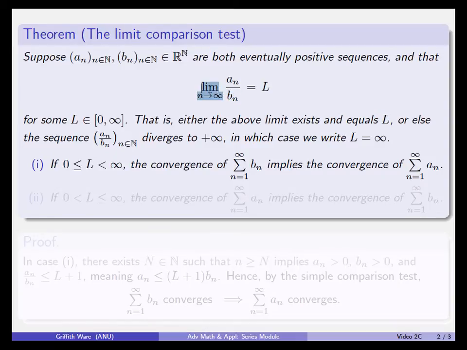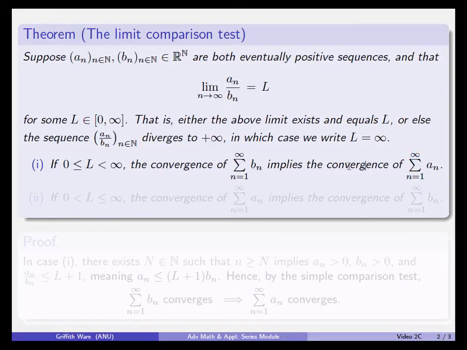That's really what this limit L being less than infinity means. It means that this sequence of terms is going to 0 at least as fast as this sequence of terms Bn. And so conceptually it makes sense that if this is going to 0 as fast or faster than this, then if this series converges, it must be the case that this series converges as well.